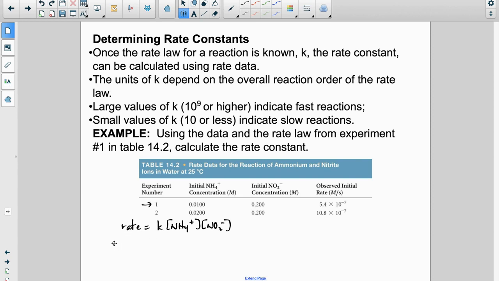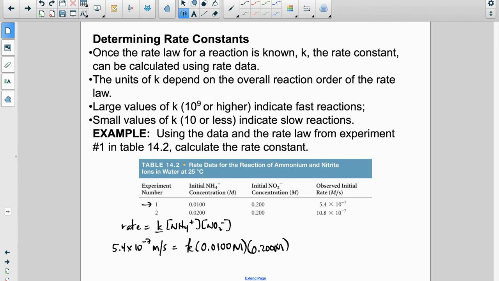So I can put in here 5.4 times 10 to the minus 7 for the rate. K is what we're looking for. NH4 plus is going to be 0.01 molar. NO2 minus will be 0.2 molar.